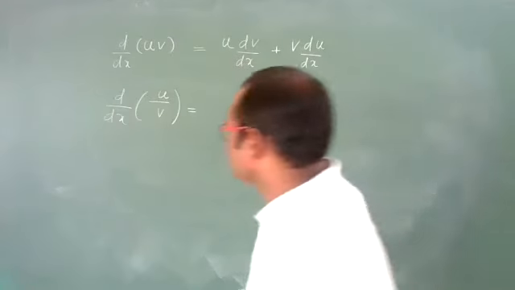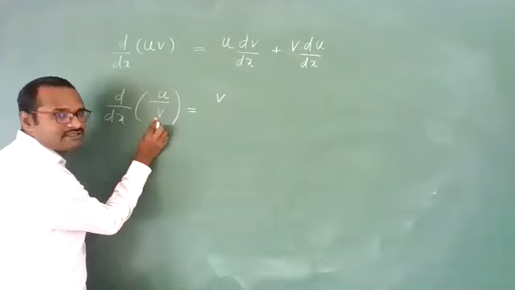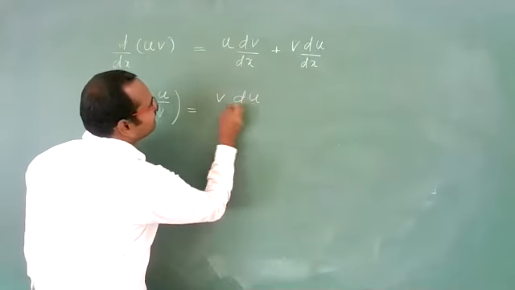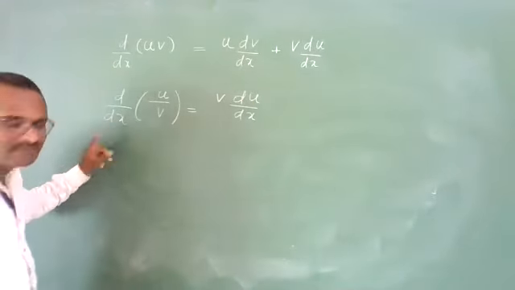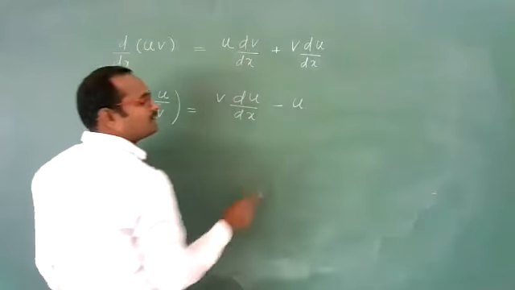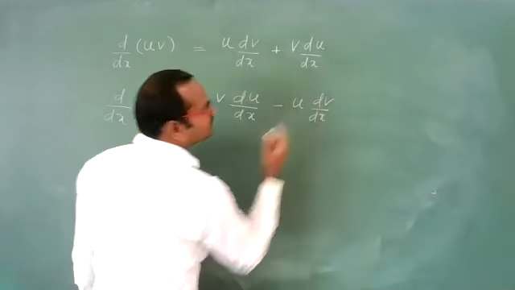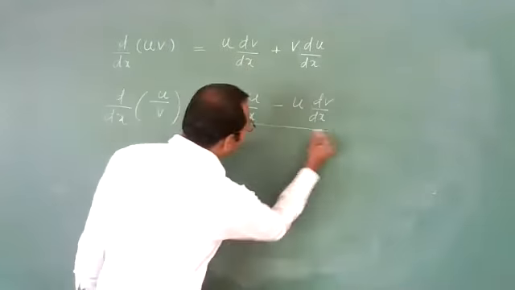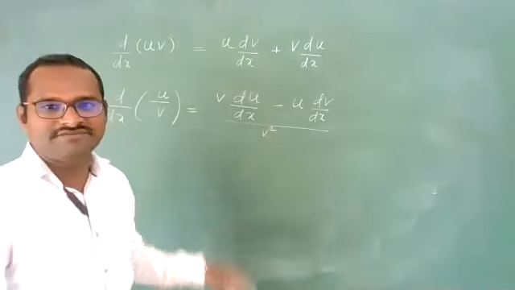So the formula for this is: the denominator into the differentiation of the numerator with respect to x, minus the numerator into the differentiation of the denominator, divided by the denominator square. This is the formula.